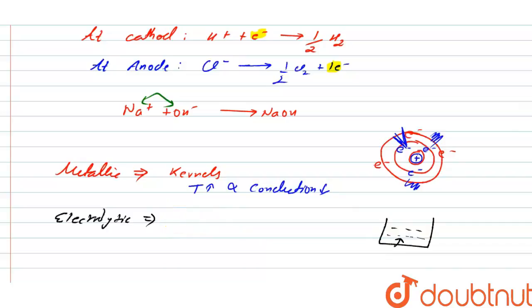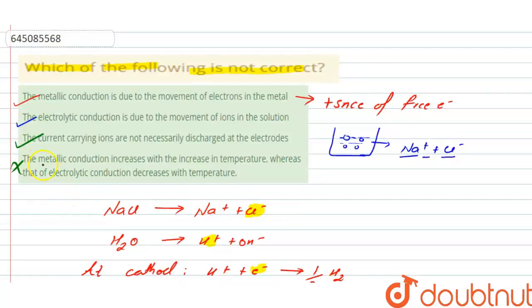This will increase the conductivity. So as temperature increases, the conductivity of an electrolytic conductor increases. But here it is written that on increased temperature, the conductivity of the electrolytic conductor decreases, so that is why this is wrong. So the correct option to this question is option D.